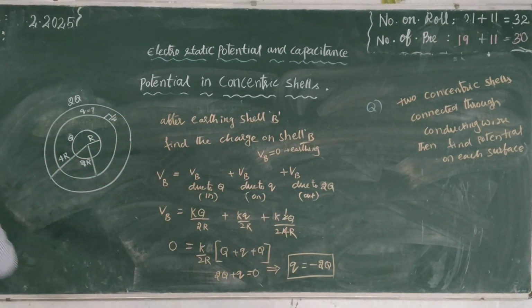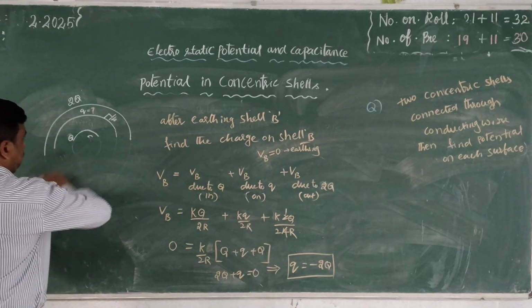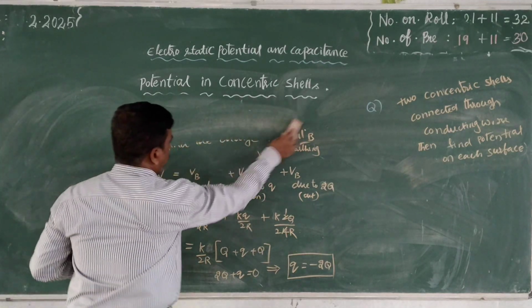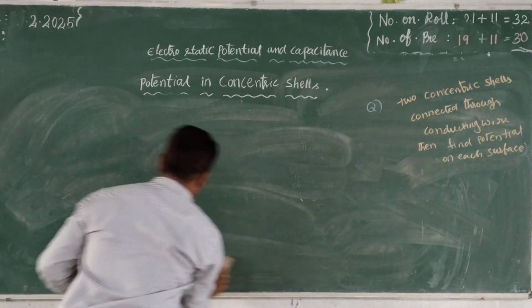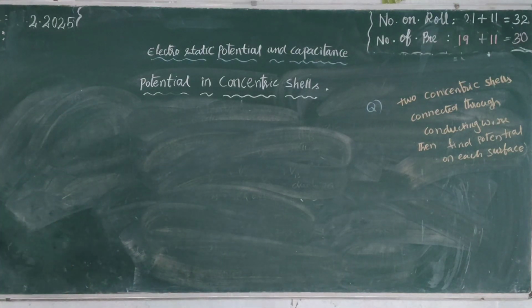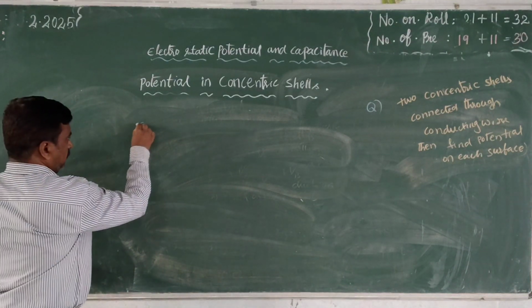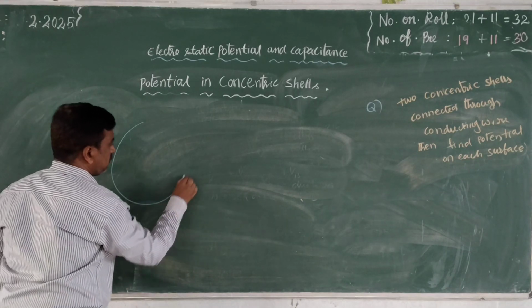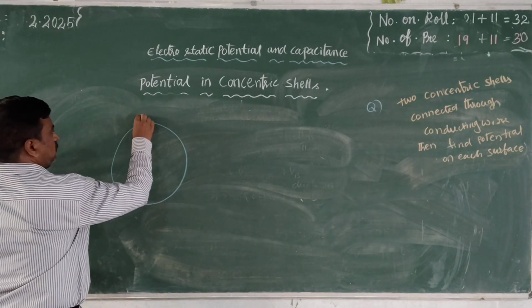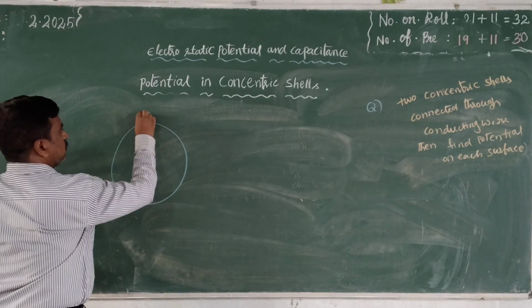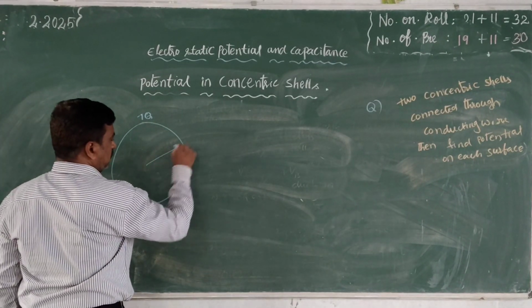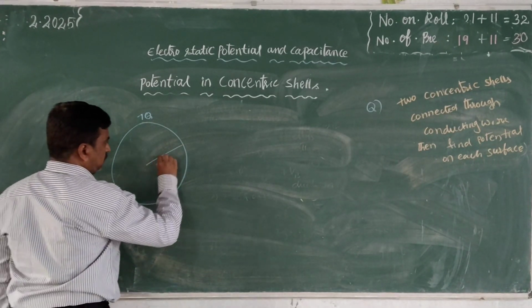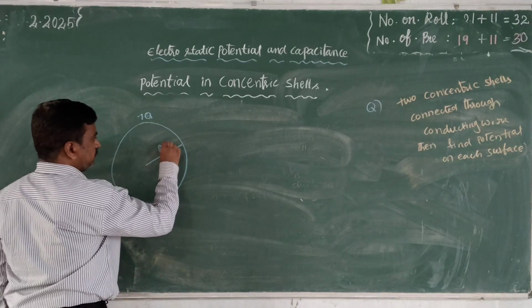See, we can write here. So shall I erase this one? See, once we can take two concentric cells. It is one concentric cell. In this one charge is 7q, its radius is 2r.